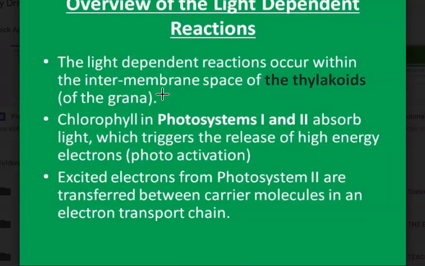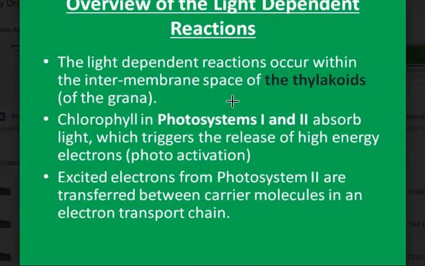So this is the overview of the light-dependent reactions. They occur within the thylakoids or grana, as we've said. Chlorophyll in photosystems 1 and 2 absorbs light, which triggers the release of high-energy electrons. We call this photoactivation. The excited electrons from photosystem 2 are transferred between carrier molecules in an electron transport chain.